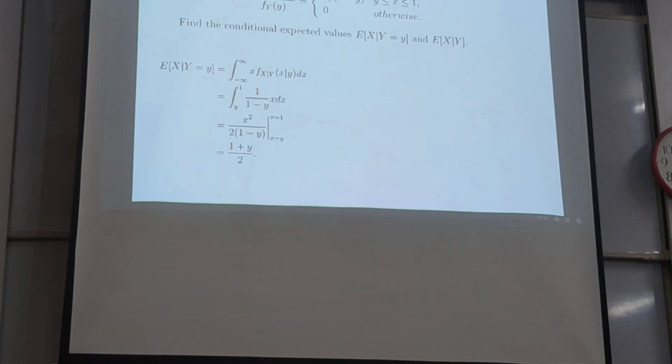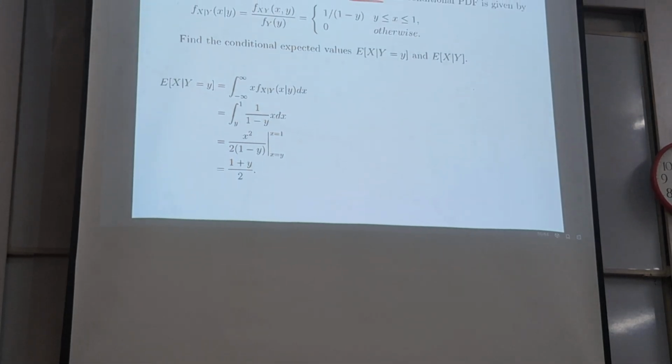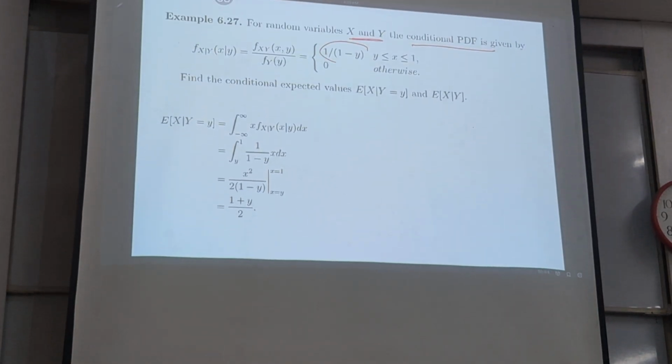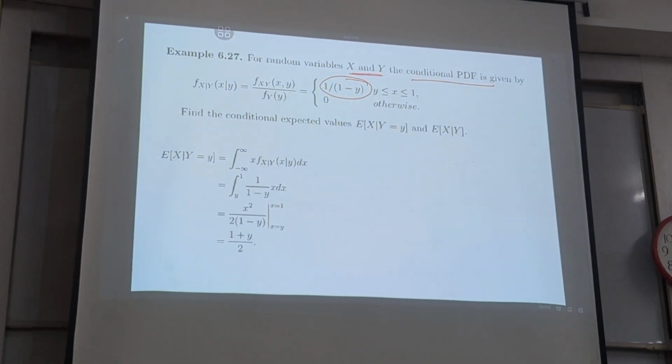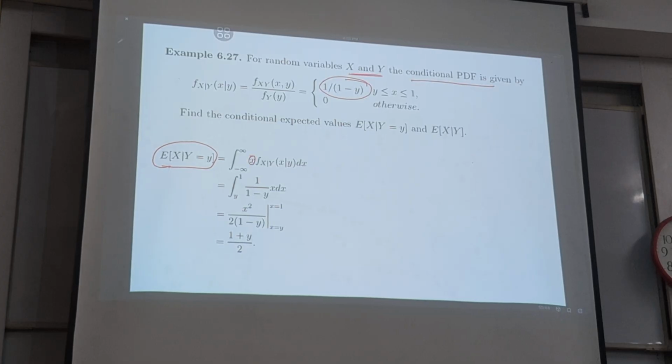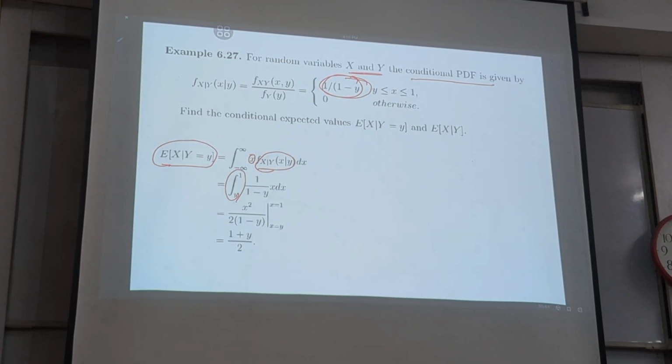For random variables x and y, the conditional PDF is given by this one, right? We have already seen this. And if you are asked to calculate the expected value of x given y, then the only challenge is what? X multiplied by the conditional PDF that we get from here, or setting the limit is the challenge.